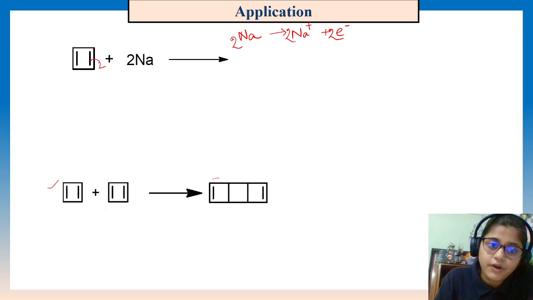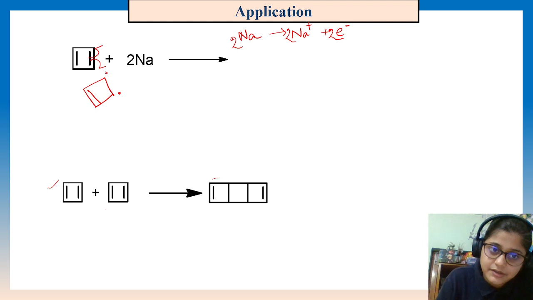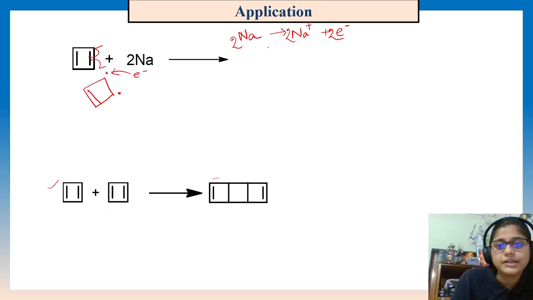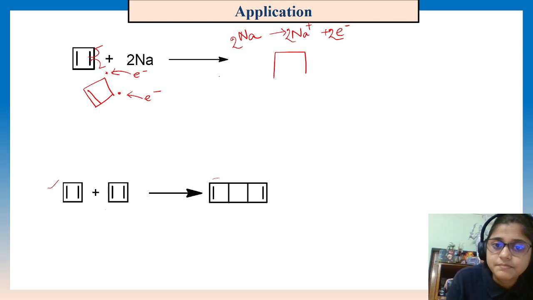For your understanding, I am drawing this. This is not a stable form. If we imagine a free radical is here, and then one electron from here attaches with this electron, and one electron is left here. So what will the resultant molecule be?